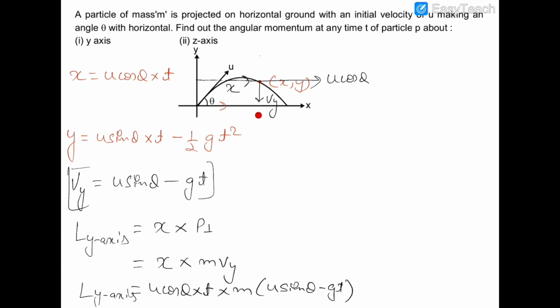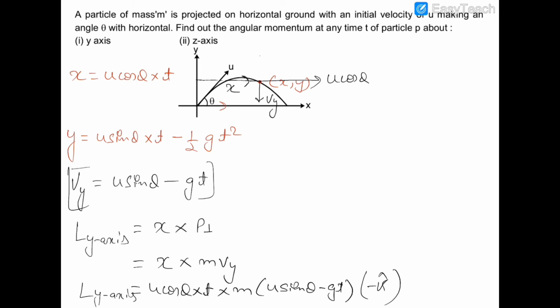So the direction inside the plane of the board is minus k cap. I am telling you again that you have to curl your fingers from the x vector towards the momentum vector, and the thumb would be pointing inside the plane, towards minus k cap, minus z axis.